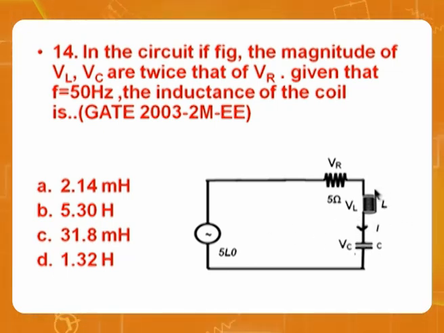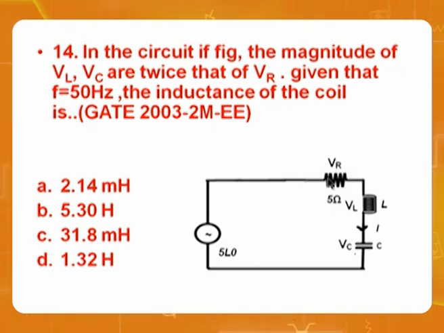And you know one thing, at resonance, these two will cancel. When these two are cancelled, you can easily calculate the current. Calculate the current as phi angle 0 by phi angle 0, 1 ampere. If the current is 1 ampere, 1 ampere into 5 will become 5 volts.